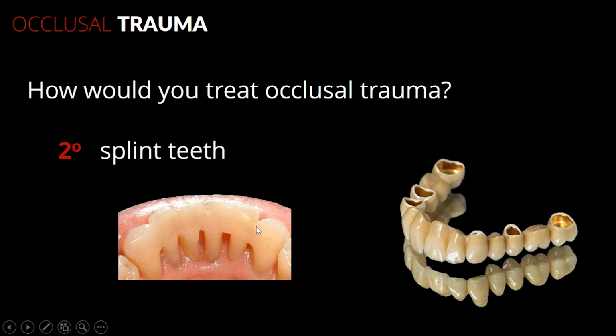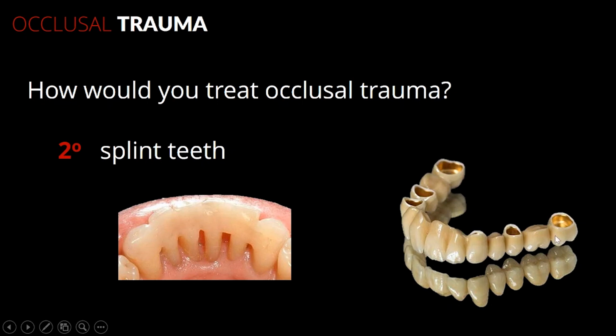You can see in this picture that the lower anterior teeth have a moderate or significant amount of bone loss. These are mobile, but if we tie them together with a composite splint, composite that's binding all these teeth together, that helps protect the teeth and reduce the chance of occlusal trauma.